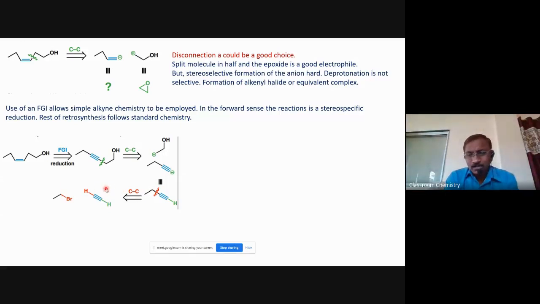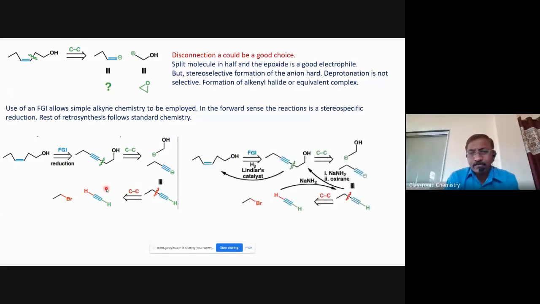It is simply acetylide alkylation. So that is a very easy part. So when you see the disconnection approach for this, first we can take acetylene and alkyl bromide in the presence of NaNH2.